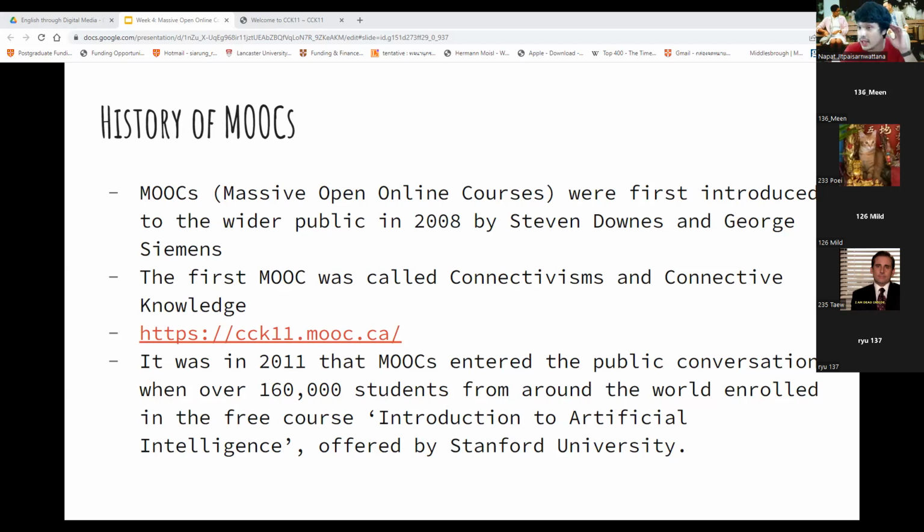So imagine you have 160,000 students studying in the course at the same time. That's a phenomenon that was happening back in the day. One element that we need to know now is that we are really talking about a big number of students, a lot of students here.